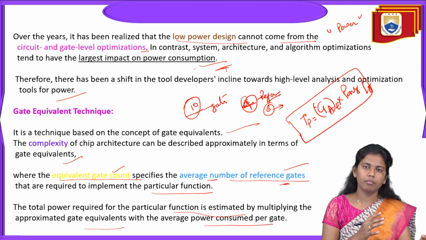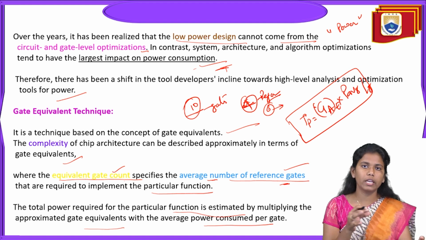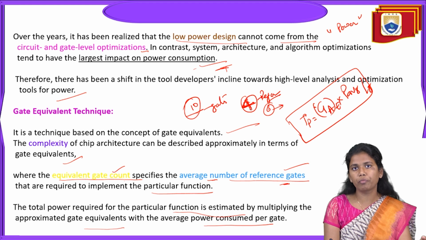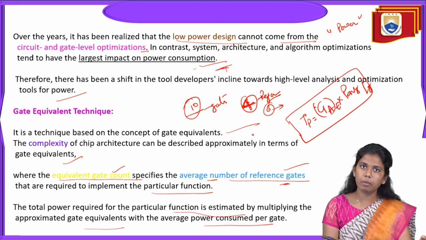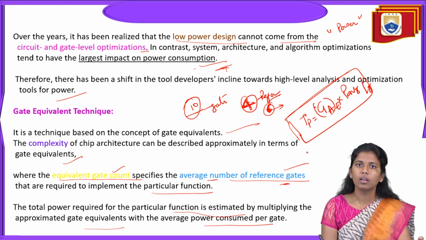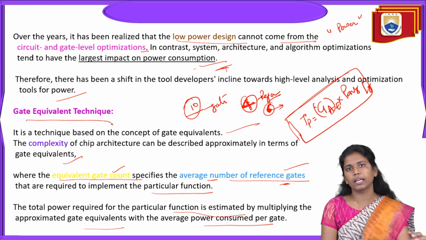Now you have to concentrate on the power consumption of each and every gate. You may think that more power is consumed by these 4 reference gates, and less power is consumed by the 6 alternate gates. This is a small expression showing how the total power consumption can be observed with respect to the gate equivalent technique.